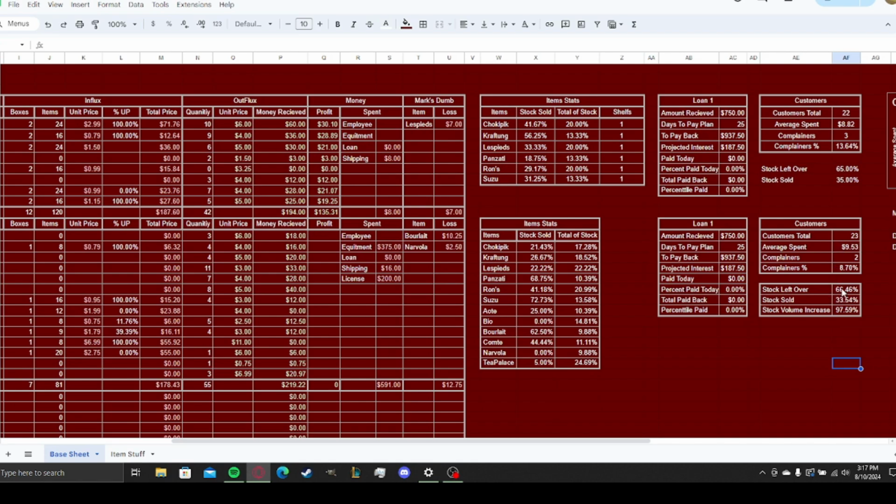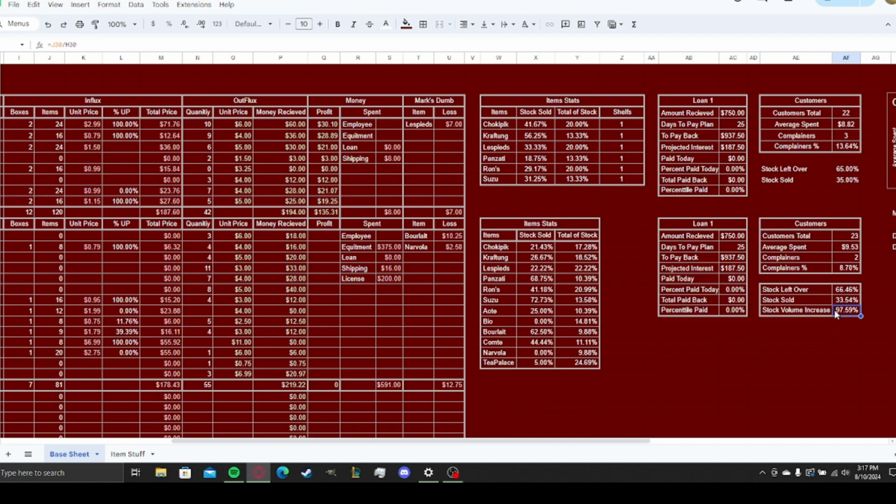This is a nice little number I think I'll have for a little bit too: the percentage of your stock that was sold versus left over. These are inverses of each other, so you could almost assume one from the other, but we'll just have them as numbers up there, so there's no confusion. But he only sold about a third of his stock.